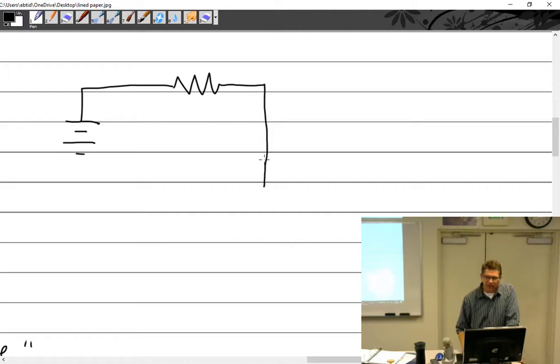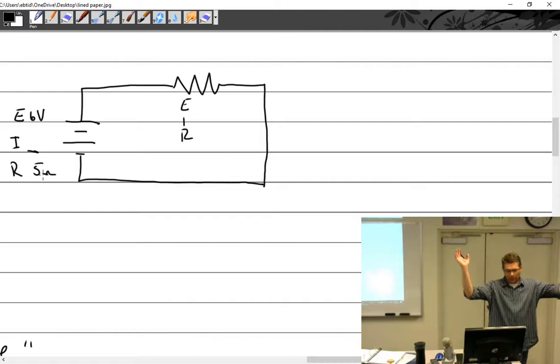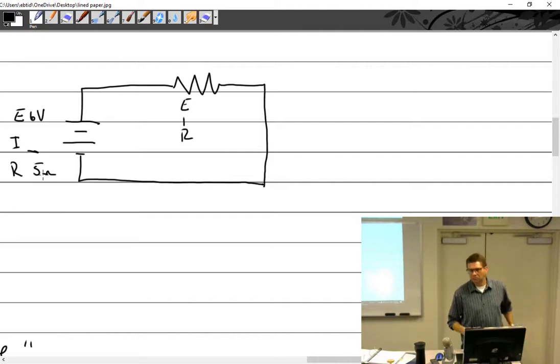Now, if I make a very simple circuit, and I say the voltage is 6 volts and the resistance is 5 ohms, I'm just making up something. I'm going to say E, I, and R. I would have to figure out what the current is. If I just gave this to you, 6 volts and 5 ohms, figure everything out. Fill in everything there is in here.